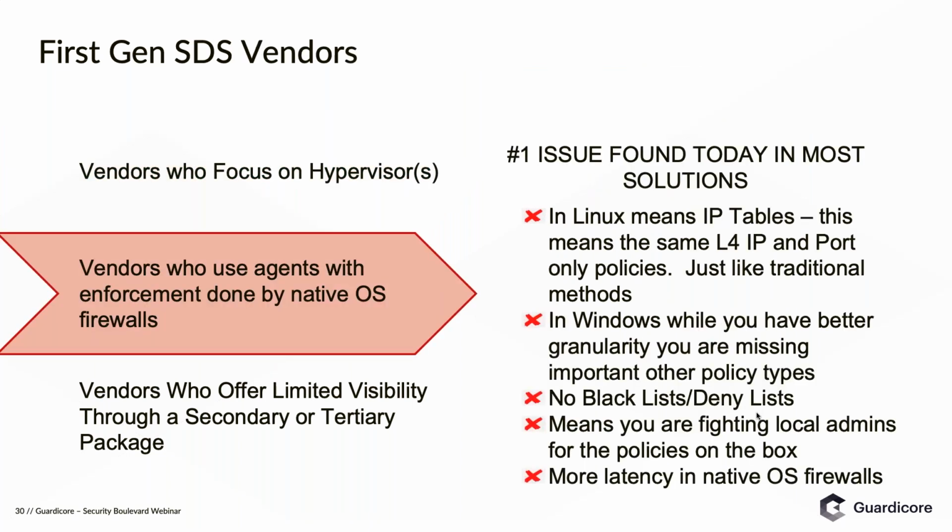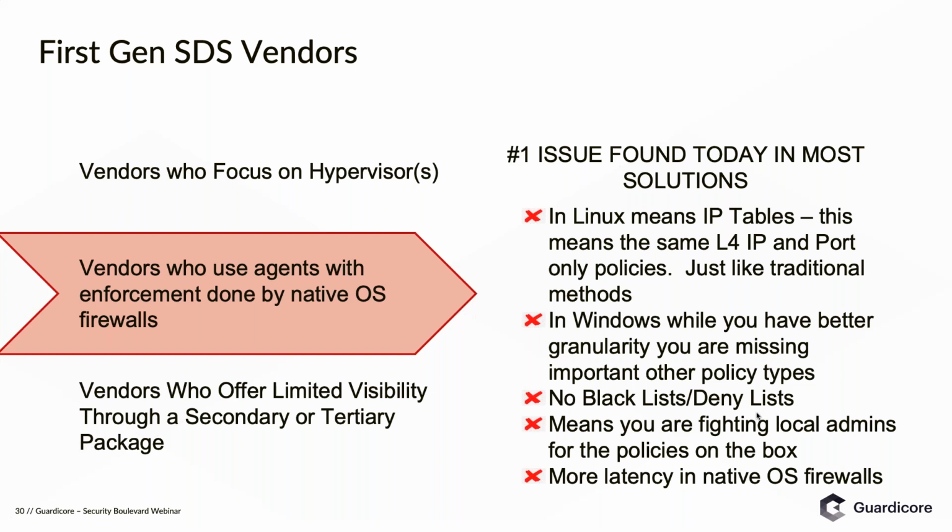The next thing, and this is kind of critical, is that software-defined segmentation means an agent. I know a lot of people don't like that word, but you need an agent. It needs to be lightweight. And this is the most important thing: enforcement must be done by other than the native OS firewall. I know that sounds counterproductive and counterintuitive, but it's true, and I'm going to tell you why.